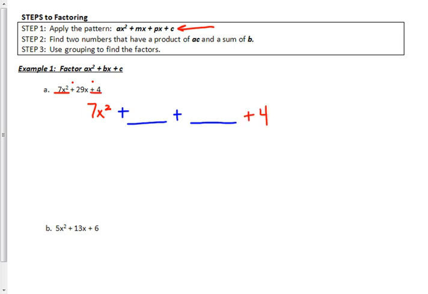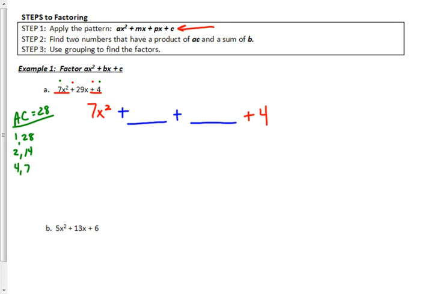Then I figure out, all right, what has the product of ac? Well, a times c will give us 28. Next, I like to list off some of those factors: 1 and 28, 2 and 14, and 4 and 7.